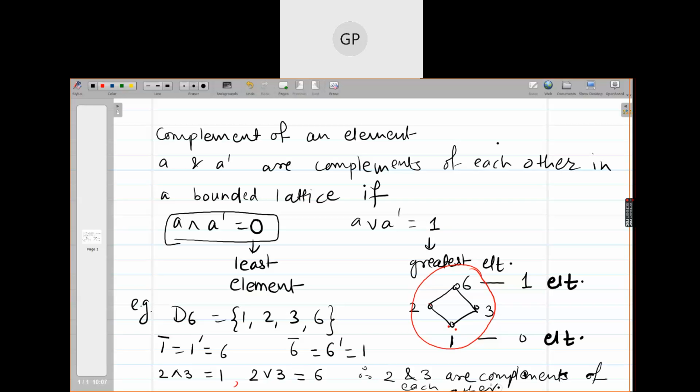So, see, the non-comparable elements are usually complements of each other. Usually, I'm saying, not always. अगर उनका join greatest element आता है और meet least element आता है lattice का, तो वो दोनों elements एक दूसरे के complements है.